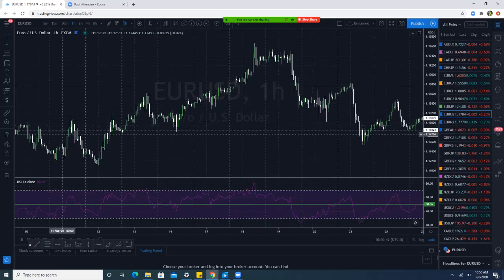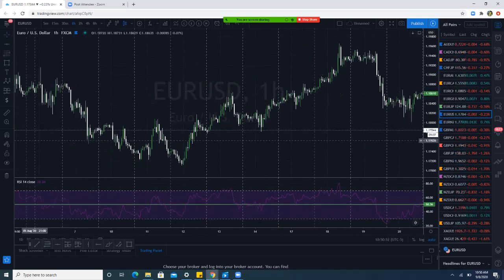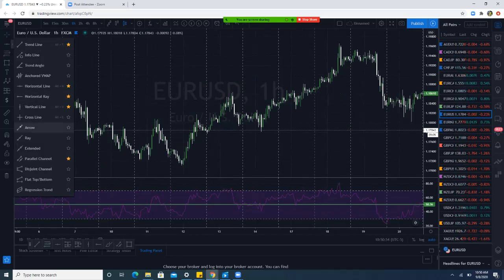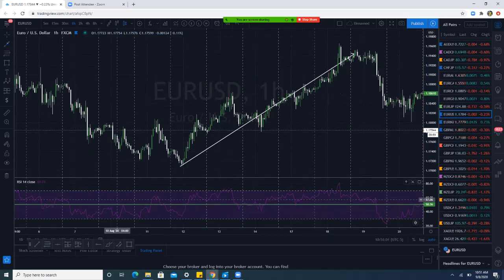So right now the market is trending in this area. We'll use this for example. Right now the market is trending up. Market is trending up in this area.